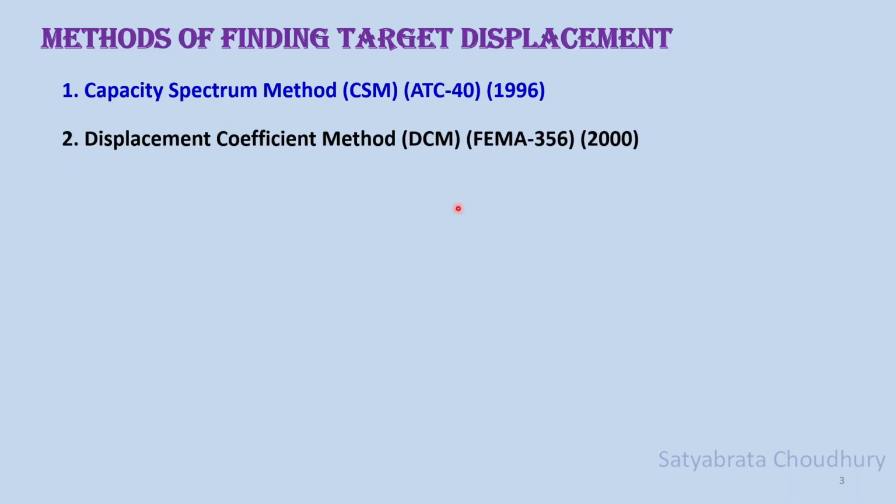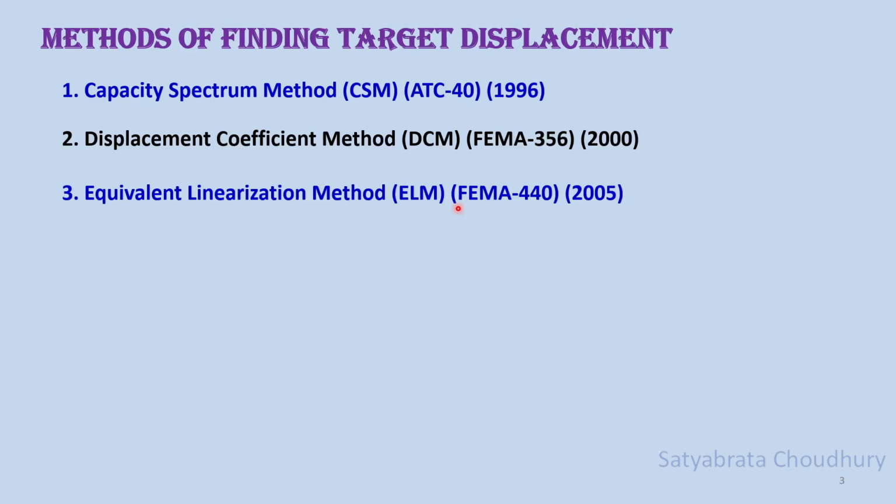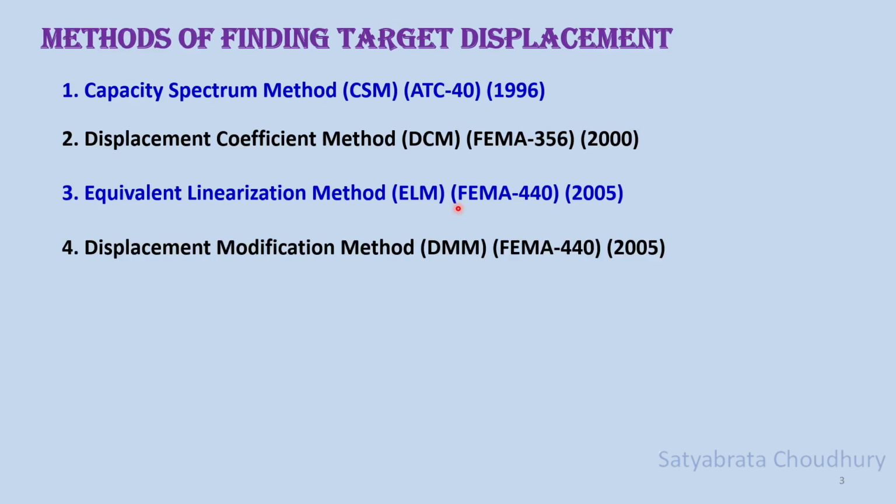Then you have the displacement coefficient method given in FEMA 356, the equivalent linearization method given in the FEMA 440 document, and the displacement modification method given also in FEMA 440. The displacement modification method given in number 4 is a modification of the second method, the displacement coefficient method, which we are going to discuss in this video. Out of these, we have already discussed the capacity spectrum method in the previous video.